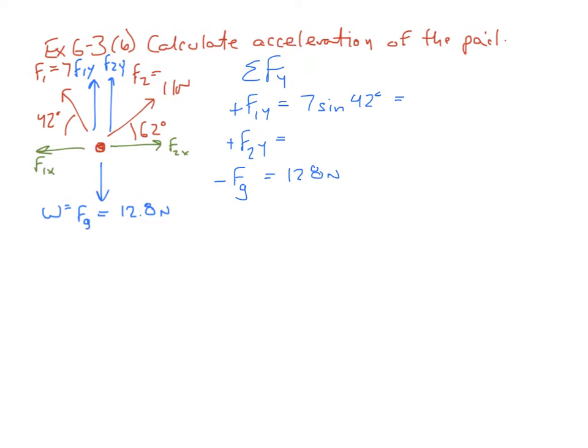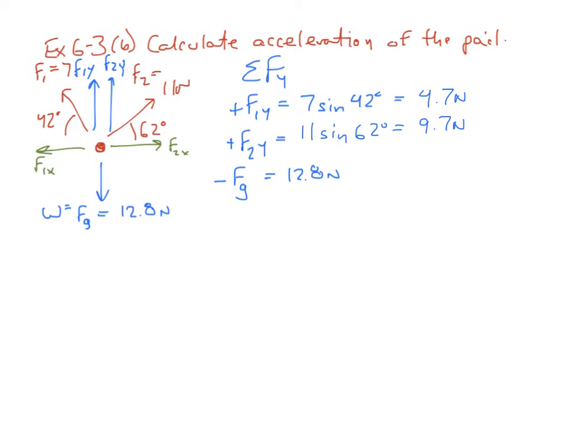Jill's full magnitude is 11 newtons, and that's at an angle of 62 degrees. Finding the y component, we use sine, 62 degrees. So 7 sine 42 gives us 4.7 newtons, and then 11 sine of 62 is 9.7.